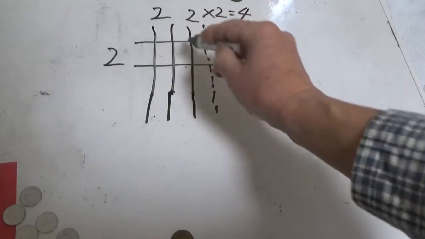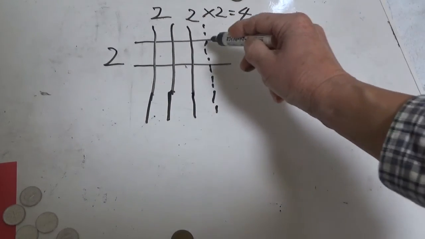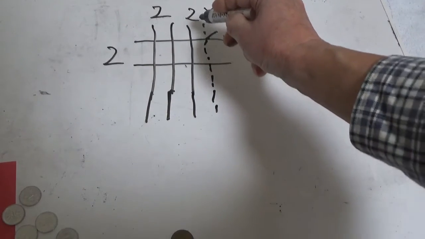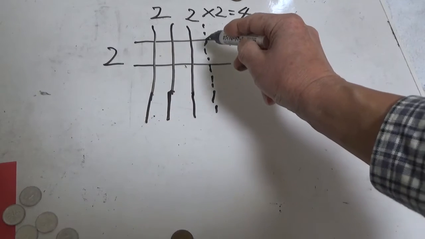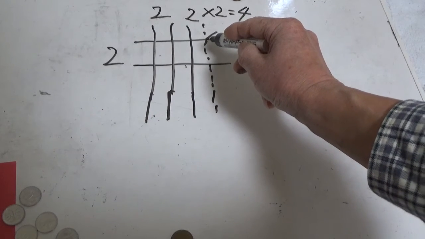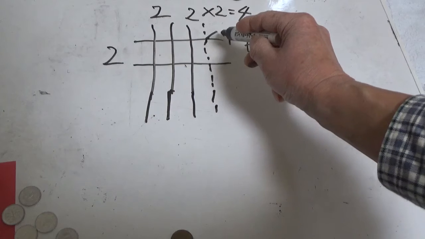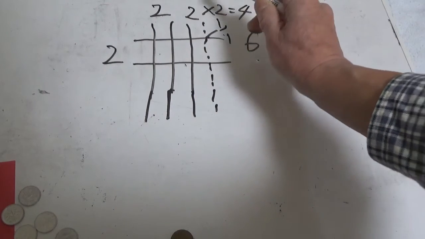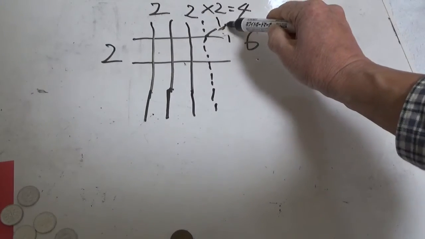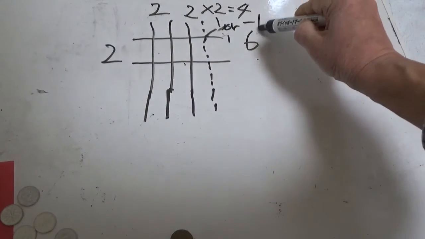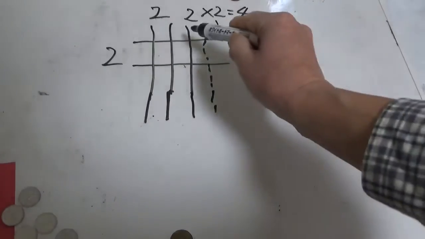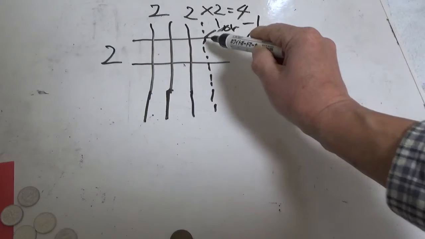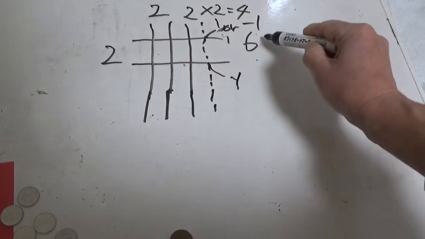This is 6 points. But what will be the positive 1 and negative 1? Multiplication of positive 1 and negative 1. This is a single point, so is it 1 or minus 1? But as you already have 6, so this should be minus 1.